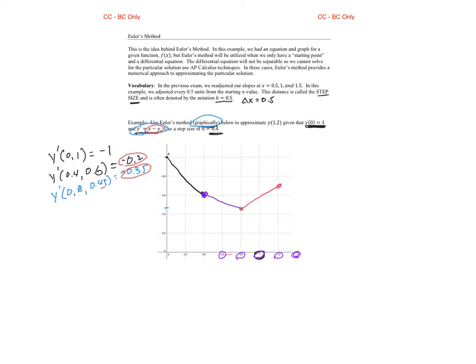I'm looking for somewhere over here, so my y of 1.2 is going to be about 0.7. That's my ballpark picture. I'm actually going to write it on this side, and that's strictly from the graph. You can tell just from the graph itself, I'm not very accurate. I'm trying to read it, I'm trying to draw a straight line, and it's not.